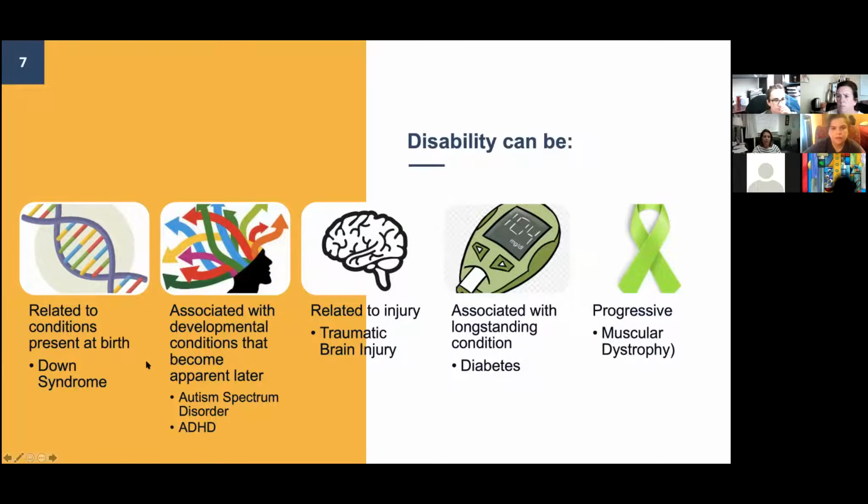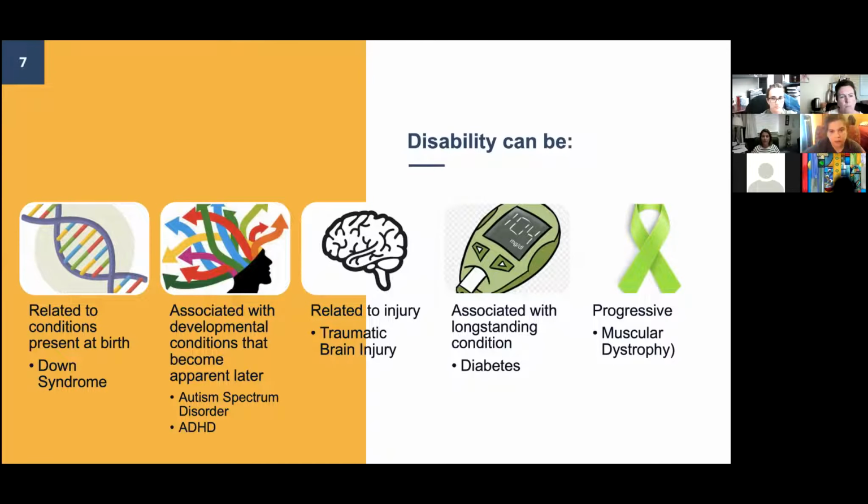So disability can be varied in and of itself. You can have disability related to conditions that were present at birth, such as Down syndrome. You can have developmental disabilities that are apparent later in life, maybe later in childhood, such as autism spectrum or ADHD, when they start getting into the classroom. A disability related to an injury, such as a TBI or traumatic brain injury.